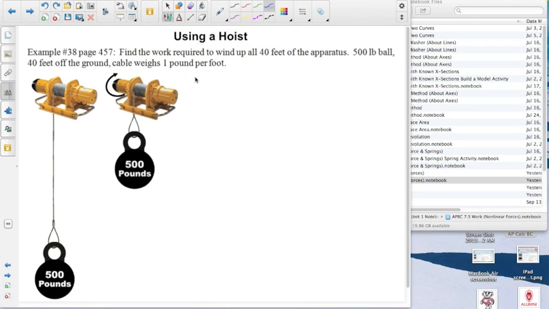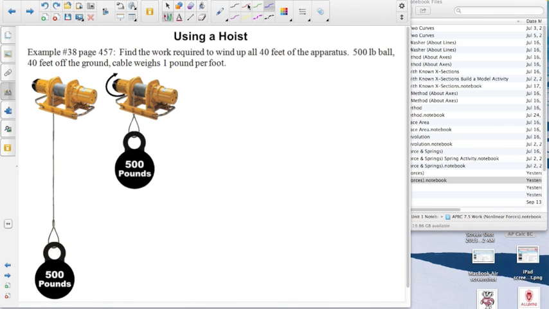Here's a similar lift problem to the last one. We're coiling up a cable around a drum using a lift or a hoist, and in this case, we're going to coil up all of the cable, and in addition to that, we're going to have a load here of 500 pounds.